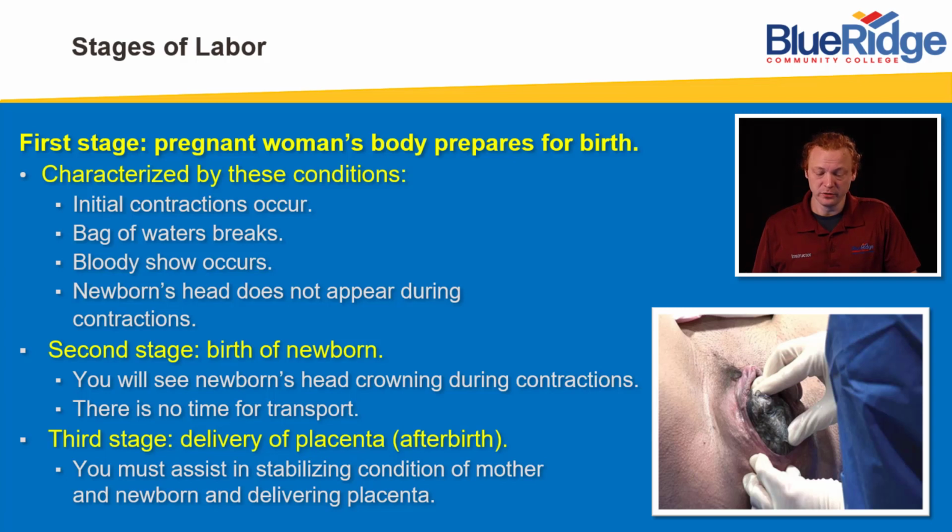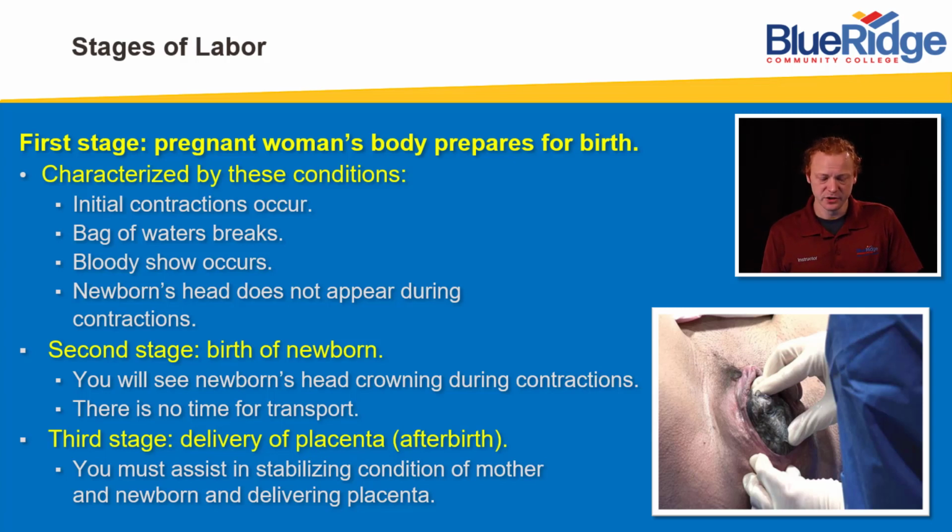The newborn's head does not appear during contractions. If the woman feels like there is pressure near the vagina or in the vagina and tells you that she feels like the baby is coming, make sure it's okay with her and check the vaginal area to see if there is crowning or not, and then report your findings to the responding ambulance crew.